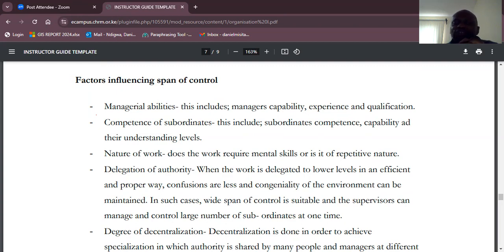So what are some of these abilities? Number one is the manager's capability. Does the manager have what it takes to deal with those people? It is very important as a manager to ensure that you have that capability.